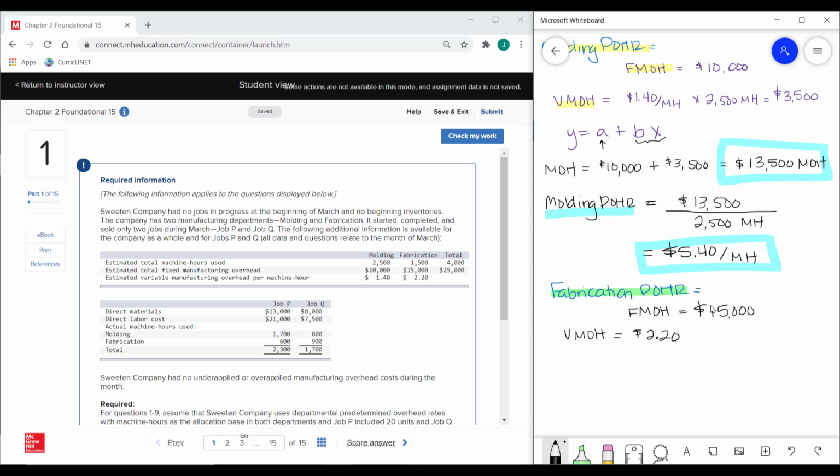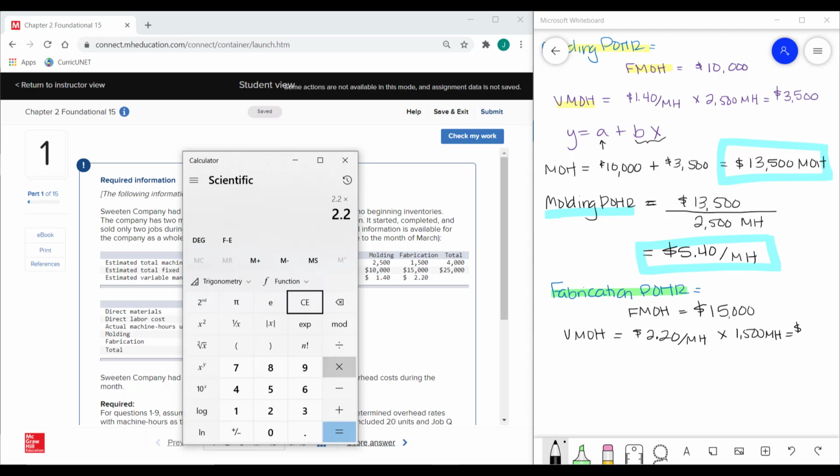But how many machine hours do they estimate will be used within that department in March? 1,500. That means the total estimated variable manufacturing overhead that they estimate within the fabrication department is $3,300. So with that in mind, what's the total estimated manufacturing overhead to be incurred in the fabrication department?